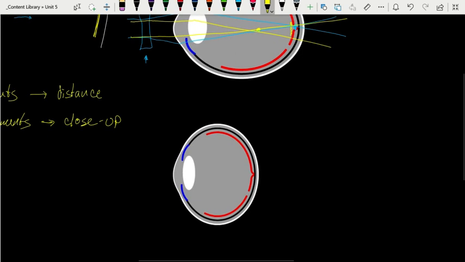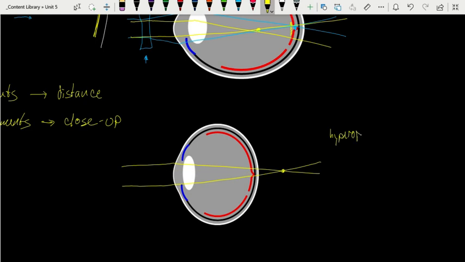The opposite is true if we look now at hyperopia, where we've got light coming in. This is hyperopia because the focal point is behind the eye, or behind the retina. And so this is being farsighted. And we solve it by doing just the opposite.